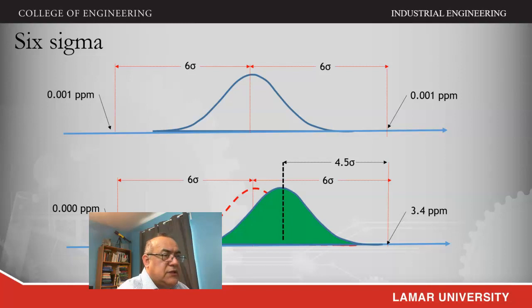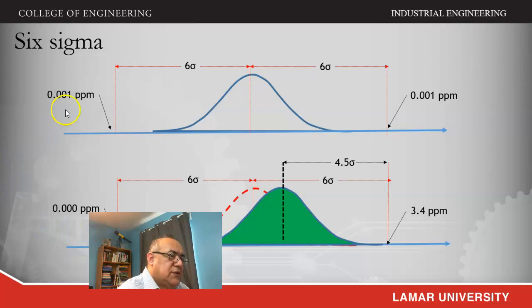Now, with the Six Sigma methodology, we have the idea of reducing variability by means of projects. And what happens is that when you read the literature, you see that they're talking about 3.4 parts per million defective. Now, this is a number that is hard to trace to where it originally comes from.